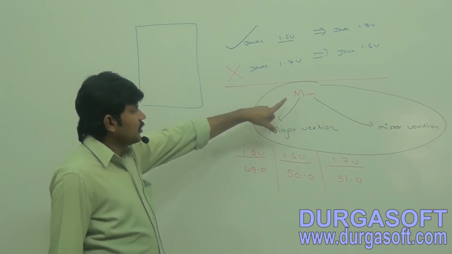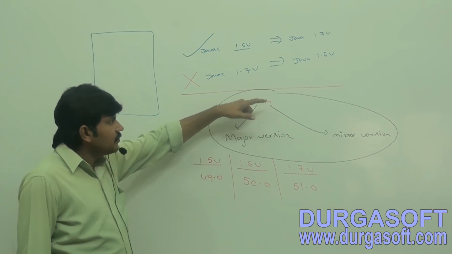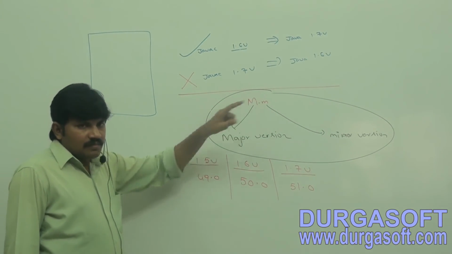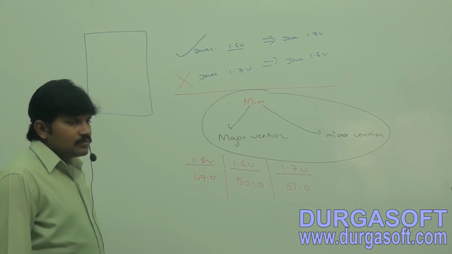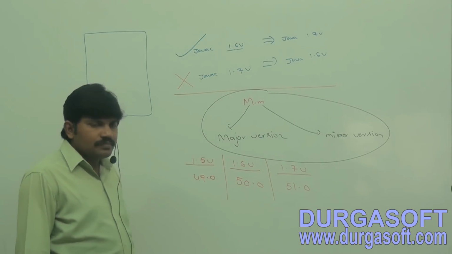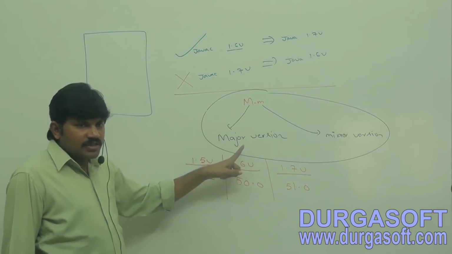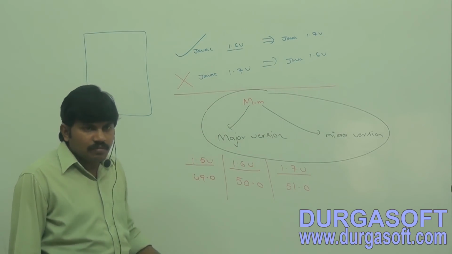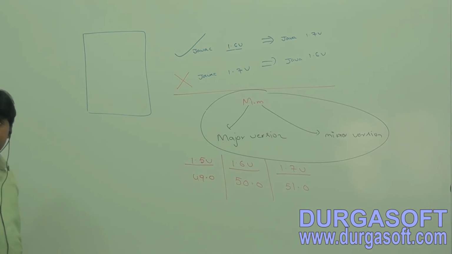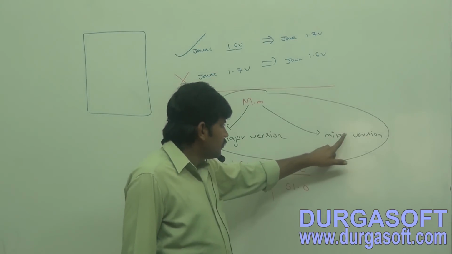Take this one: M.M. Capital M means major version, small m means minor version. Major version, minor version.